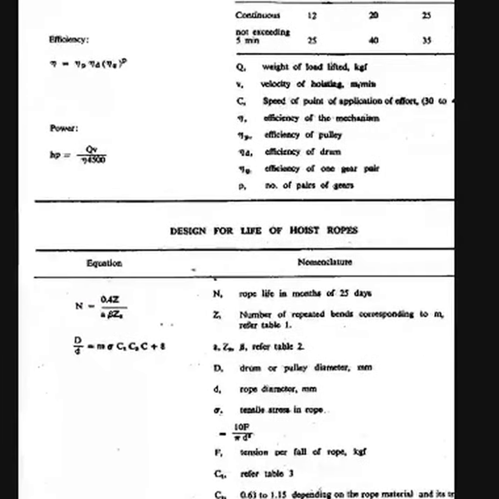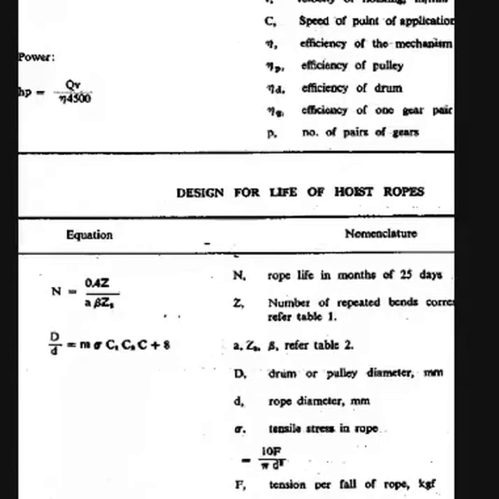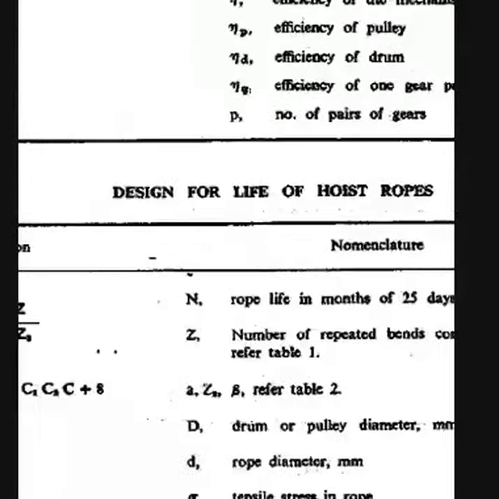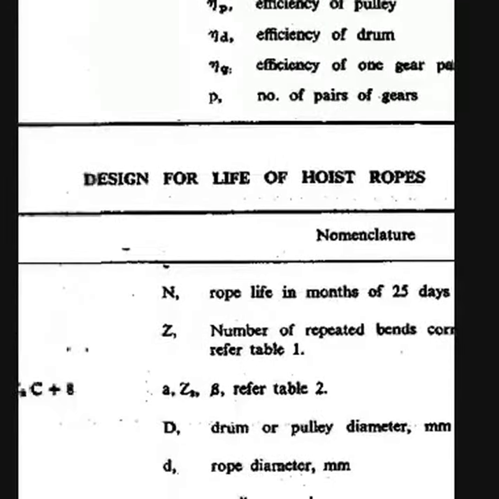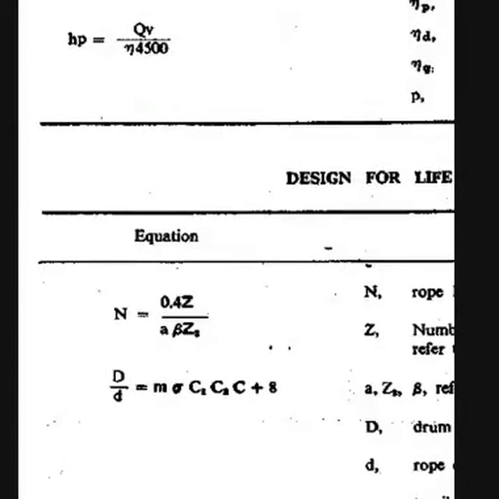So we need to get something out of the given formulas. We don't have M. See what he is saying: Z is related to M. So either we have to calculate Z first or M first. If you look at the formula below, it says D by d is equal to M rho C1 C2 C plus 8. From that formula we can get the value of M. Once we get the value of M, we can get the value of Z, and then substitute in the above equation.